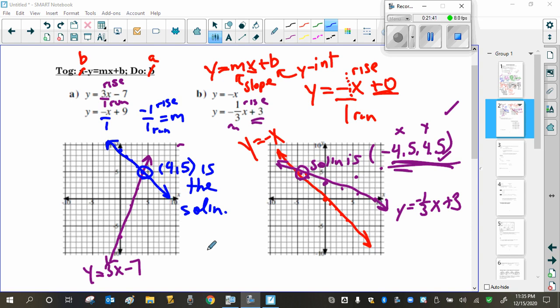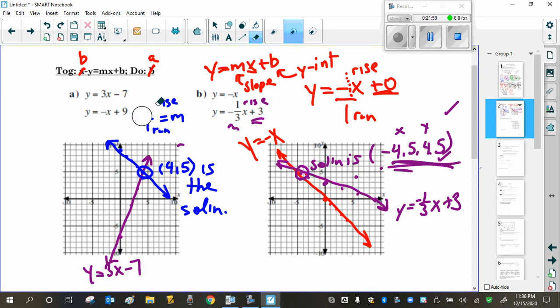It doesn't say to check it, so we can just do this in our head. X is 4. Let me just go ahead and write down the rise over run if you haven't yet. You can pause. Okay, at this point, I am checking, not chicken, don't call me chicken.